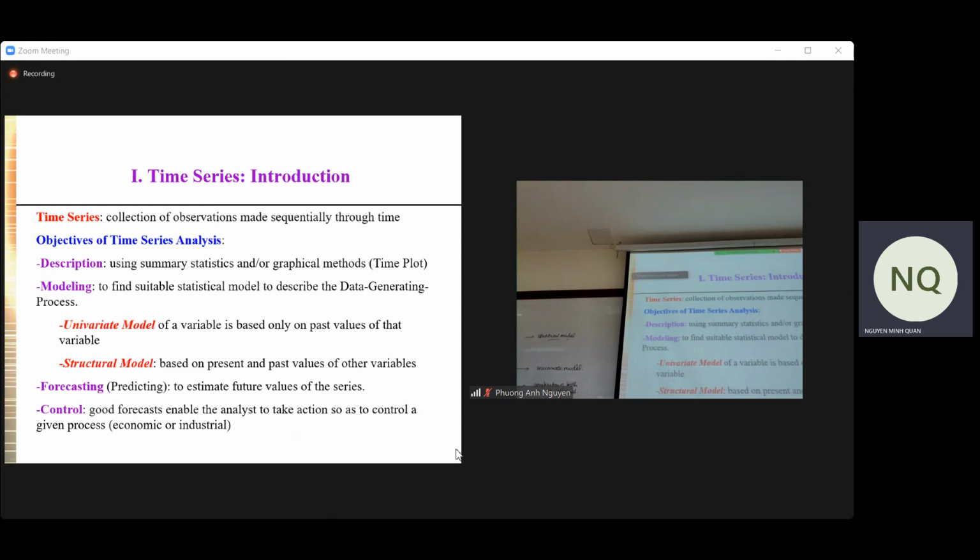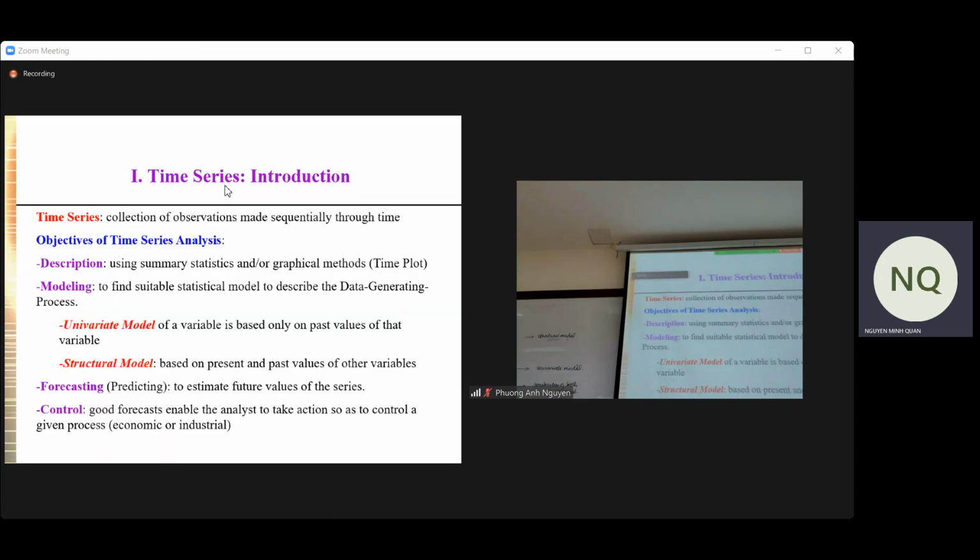When you have a system of equations, in this case, you put your variables. For example, you have y1, y2, up to yn all together at a time t, and you try to explain it using the past values of the vectors. Then we have the combination of both structural and univariate models.